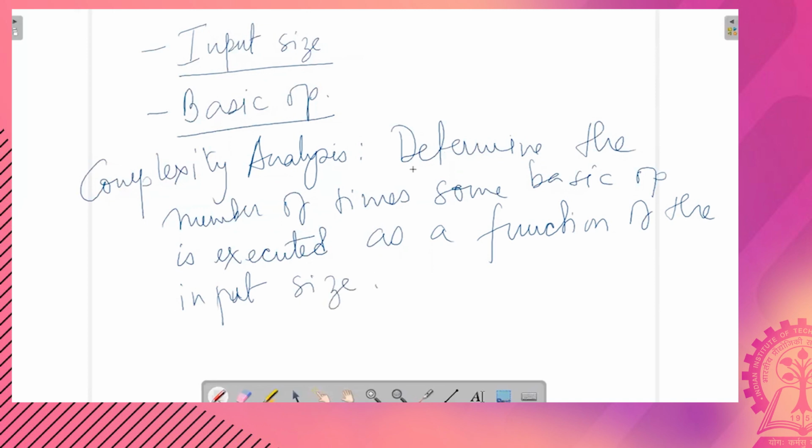So this is, in a nutshell, the complexity analysis of an algorithm.